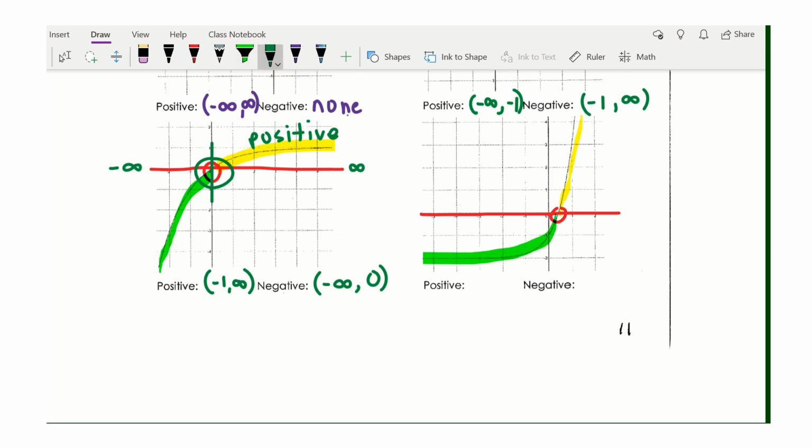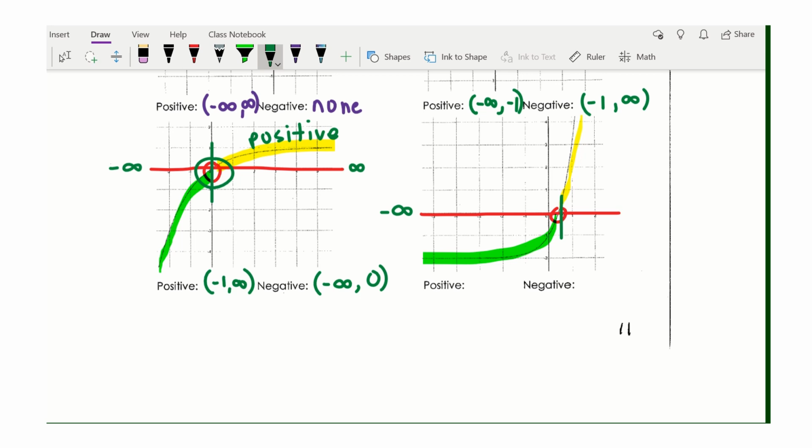So now from left to right, here's negative infinity. From negative infinity to this point here, let's see if it's 1 and then 1, 2, 3, 4, 5. So we'll just call it 1.5.